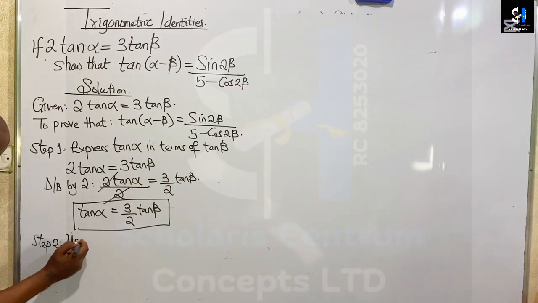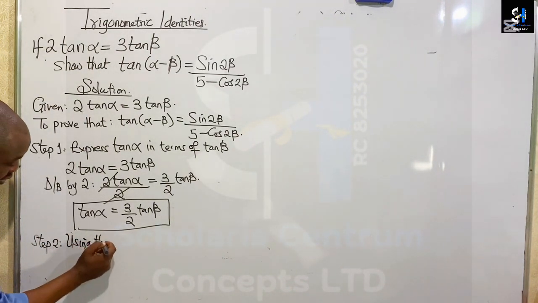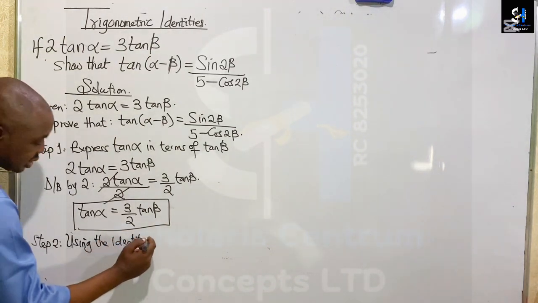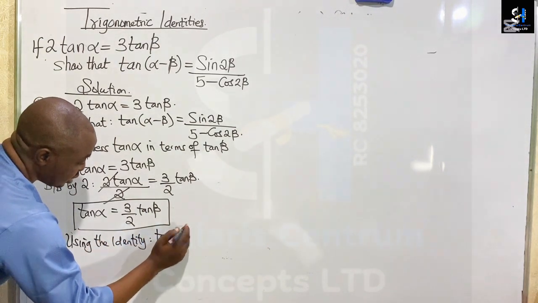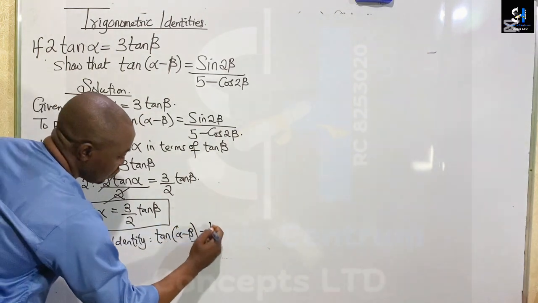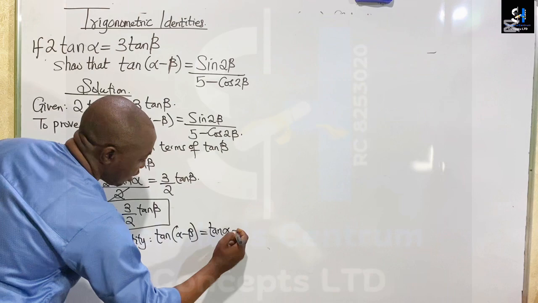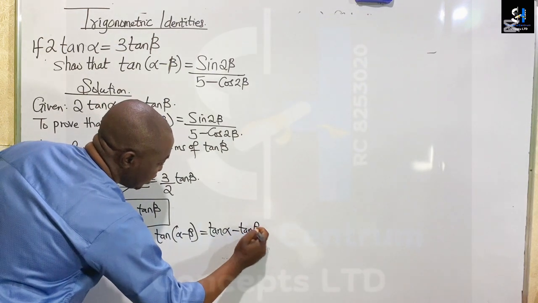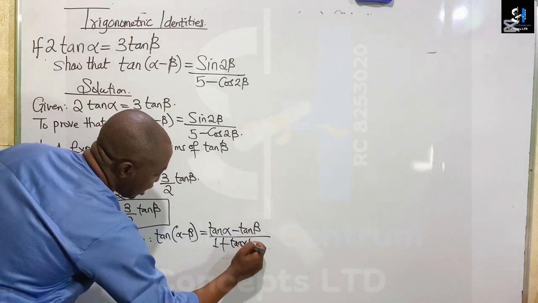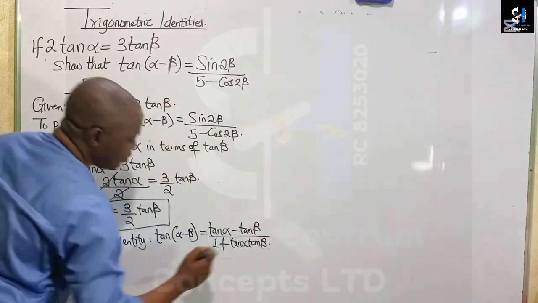Using the identity, tan of the difference between alpha and beta is tan alpha minus tan beta over 1 plus tan alpha multiplied by tan beta.